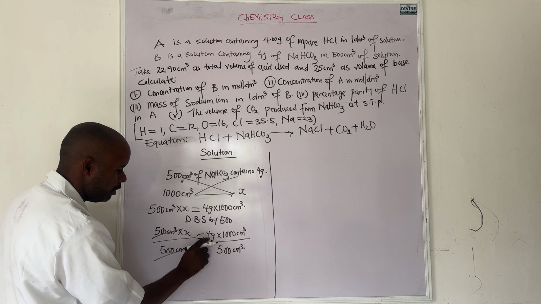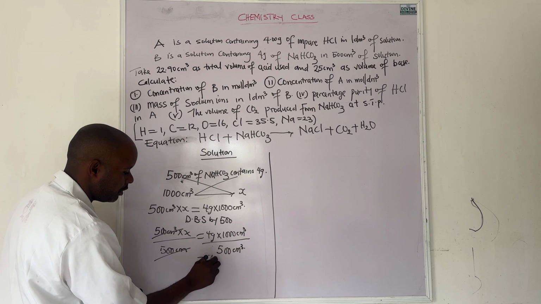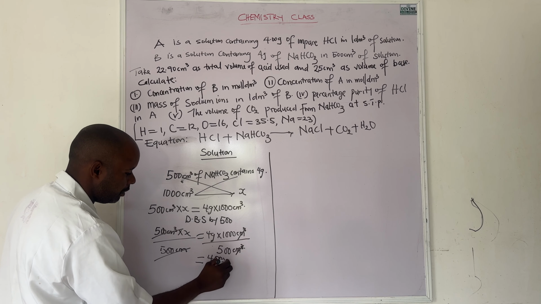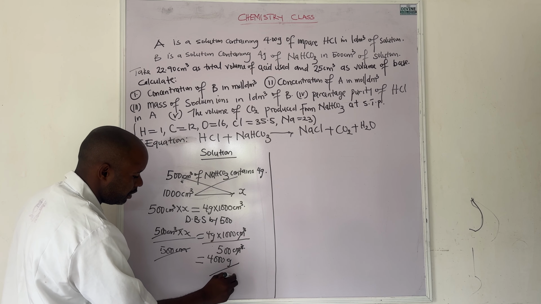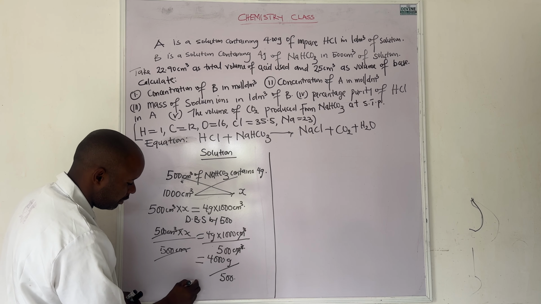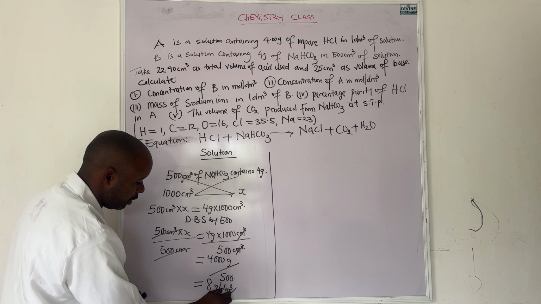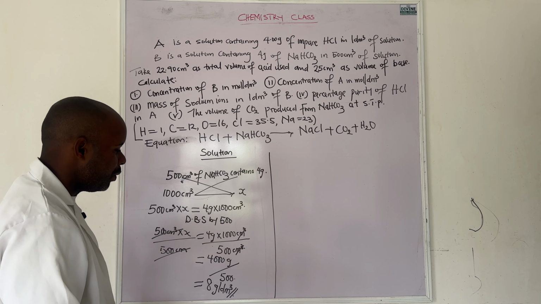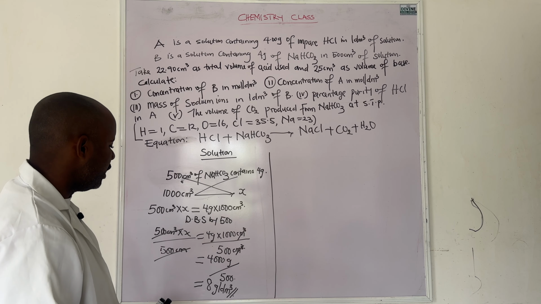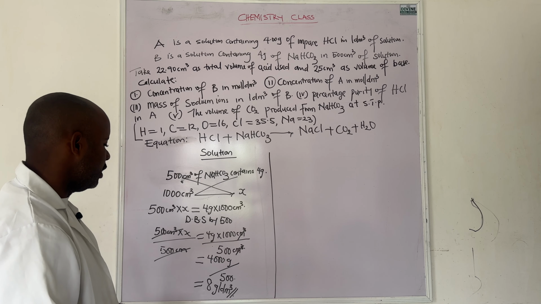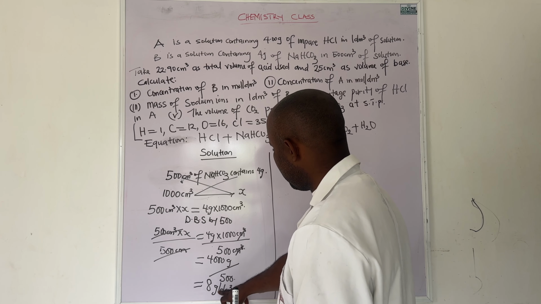Here we're going to have 4000 cm cube, cancel cm cube, gram all over 500. If we divide this, you're going to have 8 gram per dm cube. That is, 8 gram is dissolved in 1 dm cube. That is the mass concentration of sodium hydrogen trioxocarbonate IV is 8 gram per dm cube.